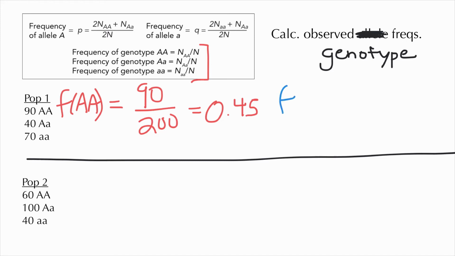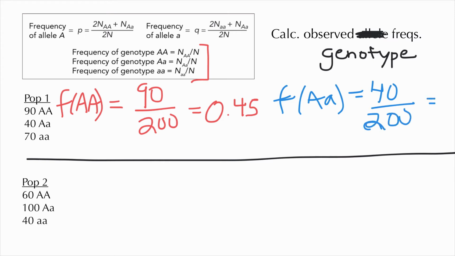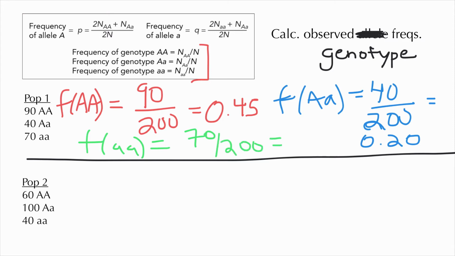Then we have the frequency of the heterozygote, which is going to equal 40 individuals out of 200, which equals 0.20. And last we have the frequency of the homozygous recessive, which is going to equal 70 divided by 200, which gives us 0.35.